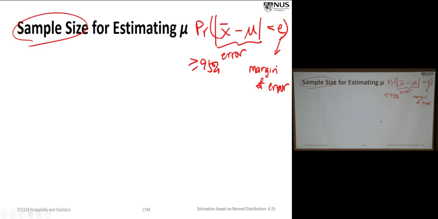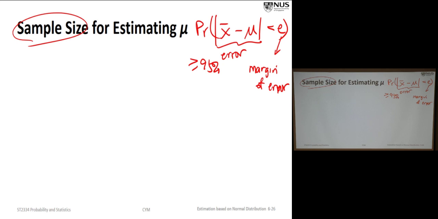The idea is that I need to specify two things in order to answer the question, how big a sample I need to achieve that criteria. The first one is the margin of error, the E. How big a margin of error do you want to take? The second one is the chance that the error falls less than your margin of error, with a certain probability.